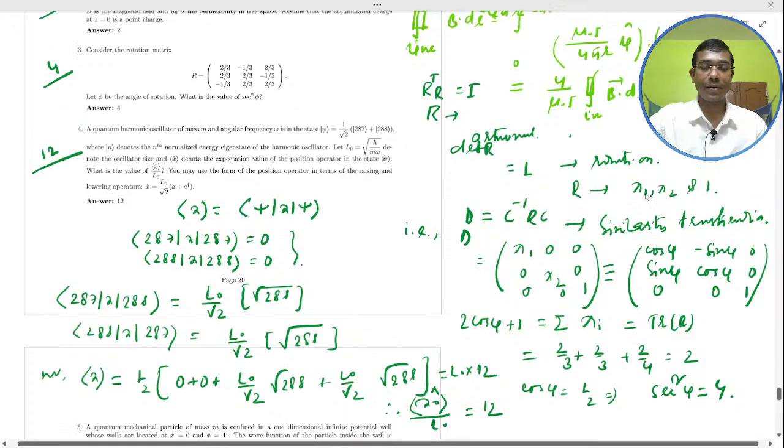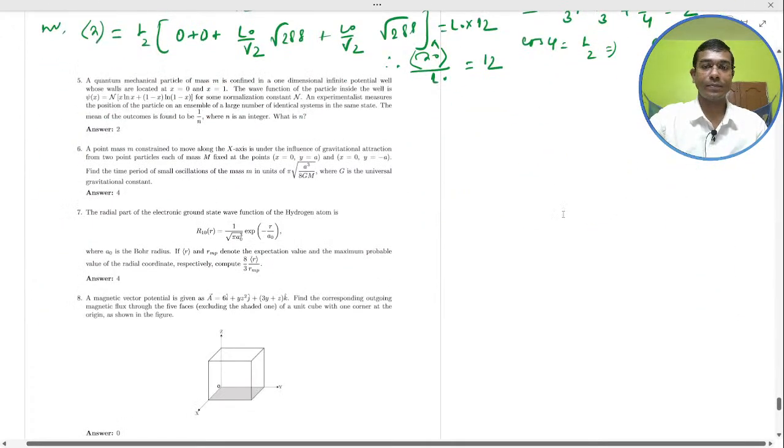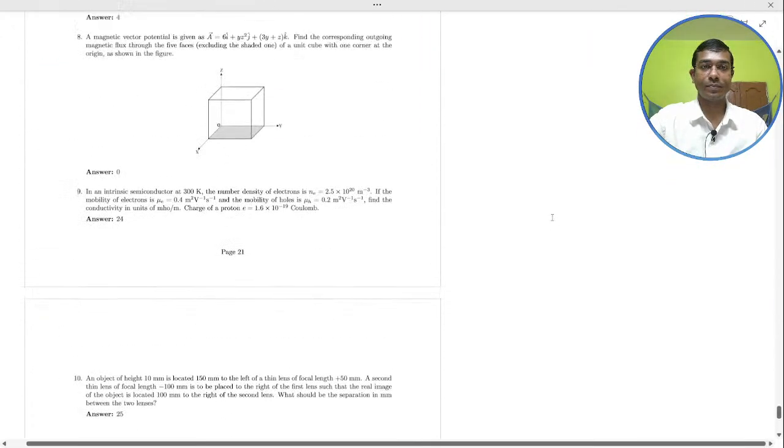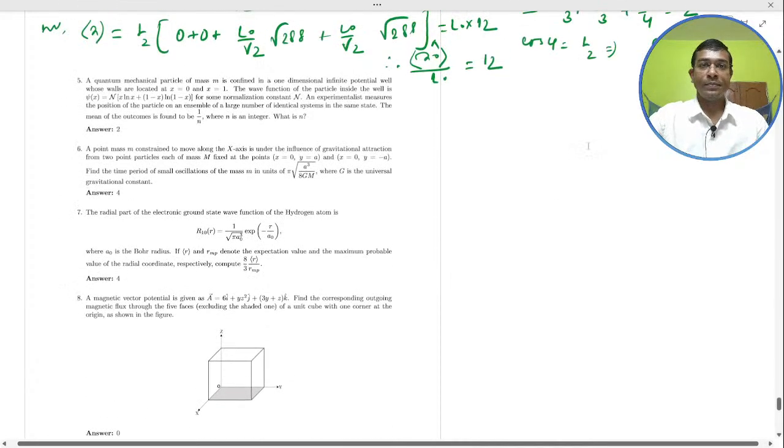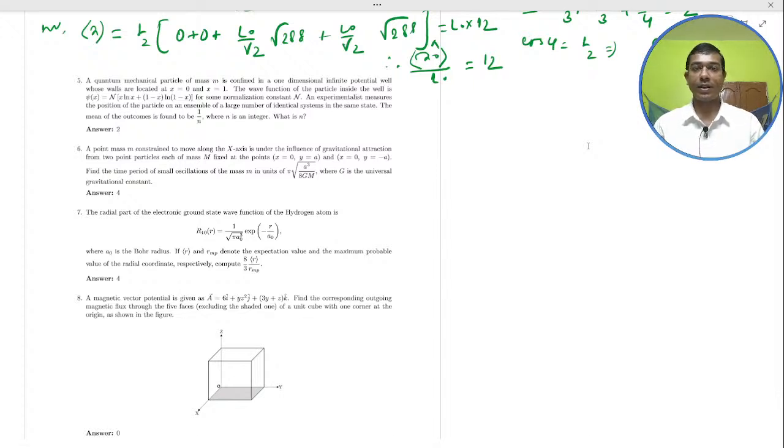Next question, question number 5. A quantum mechanical particle of mass m is confined in a one-dimensional infinite square potential well whose walls are located at x equal to 0 and 1. The wave function of the particle inside the well, psi x, is given in this form.